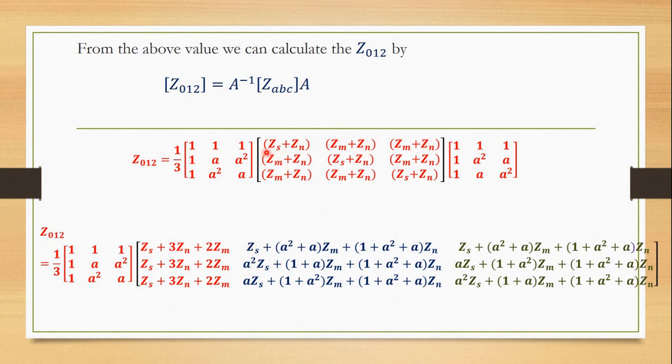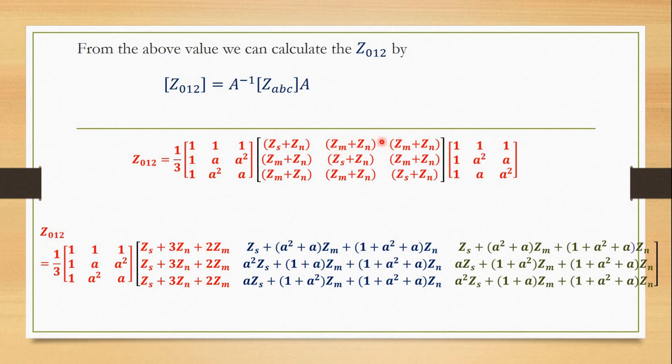And next, Zs plus Zn plus Zm plus Zn into A square plus Zm plus Zn into A. So Zs plus Zn of (1 plus A square plus A), because all the columns consist of Zn, and the second and third columns consist of Zm.